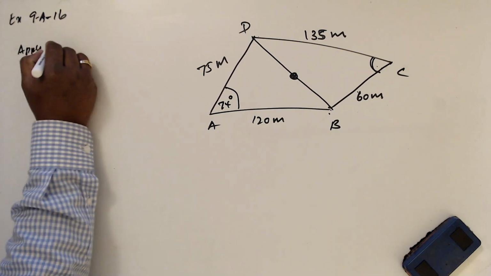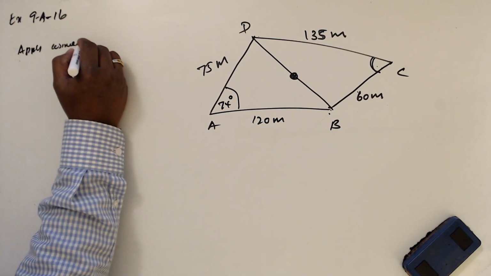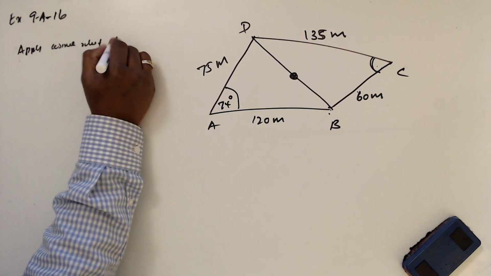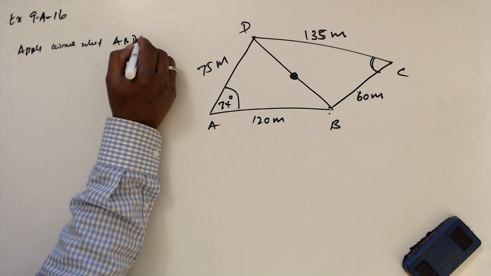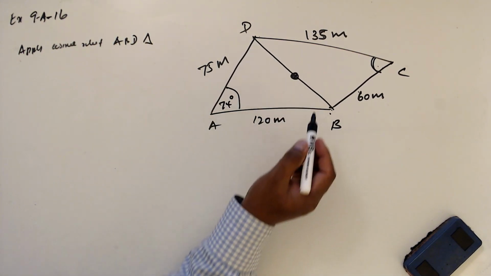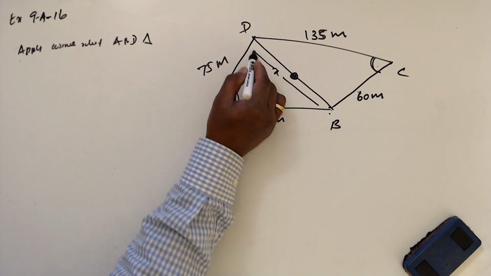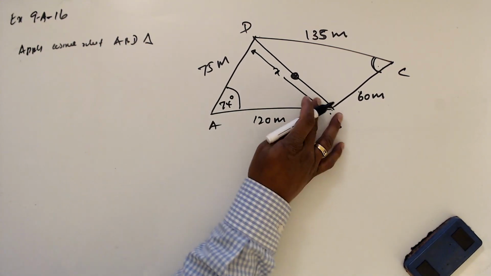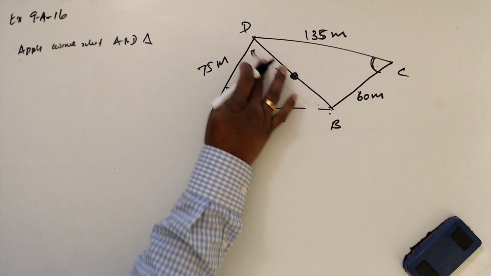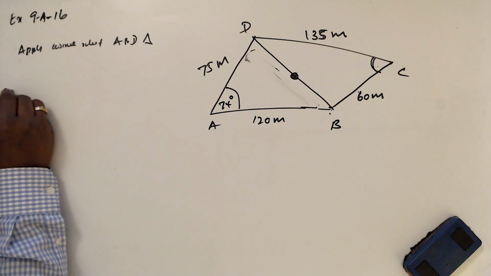Apply cosine rule to the ABD triangle. Then I will take this as X, or you can stay with BD or DB. So I'll stay with DB.